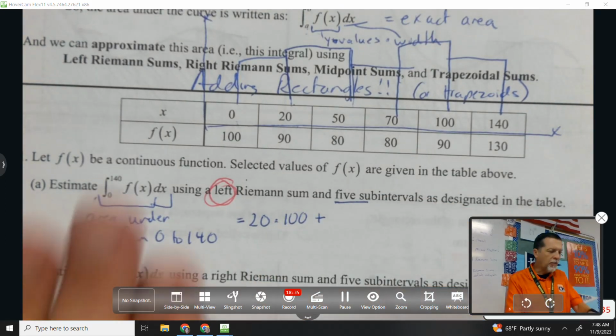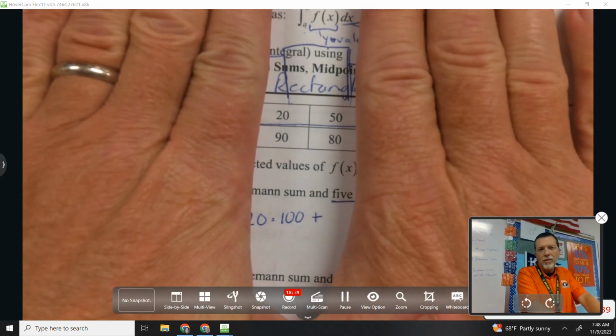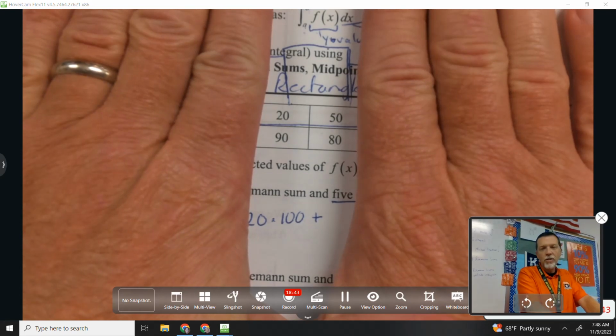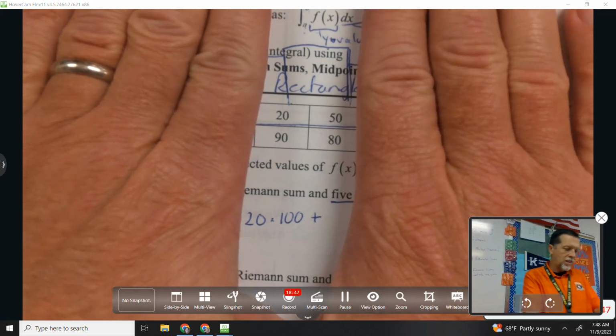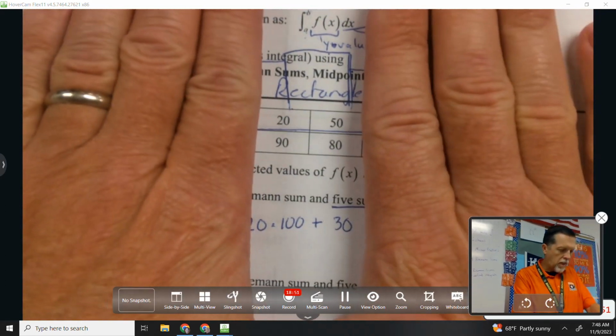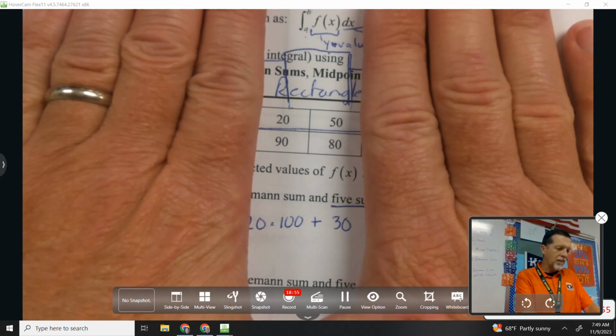Be careful, this seems like oversimplifying, but it helps me visualize what I'm looking at. My next rectangle goes from 20 to 50. How wide is that rectangle? 30. Which height should I use? 90, because that's the one on the left.